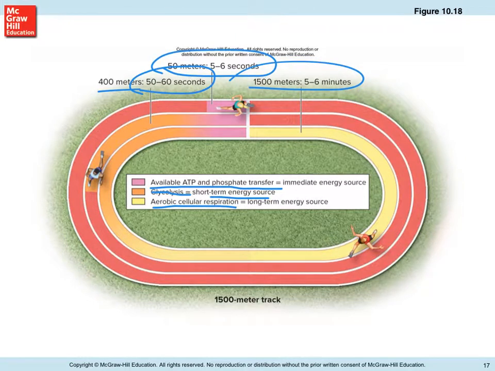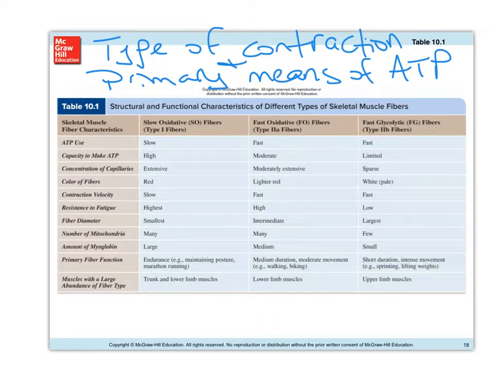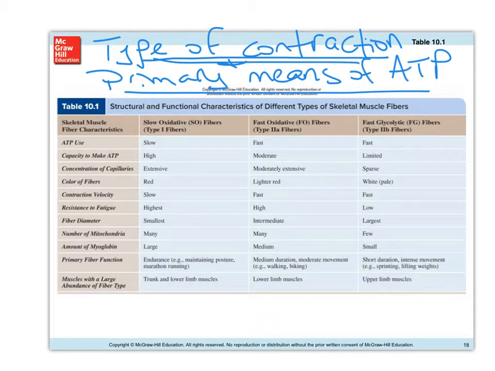There are different types of muscle fibers, and the different types are based on the type of contraction and the primary means of ATP supply, where it's getting its ATP from. With the type of contraction, just looking at whether it is fast or slow. With the primary means of ATP, looking at where it's coming from.